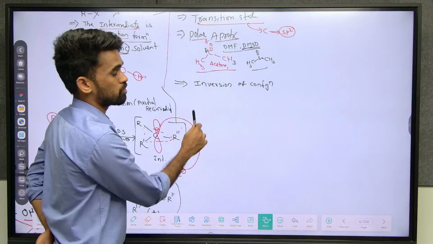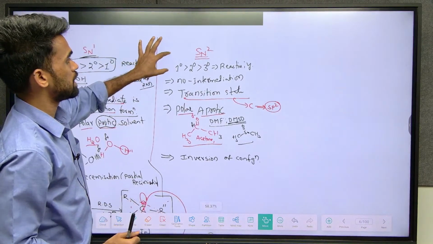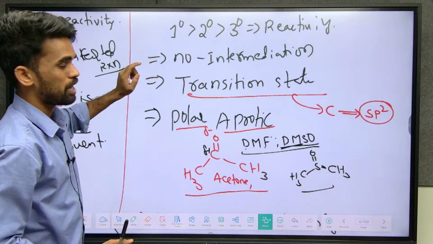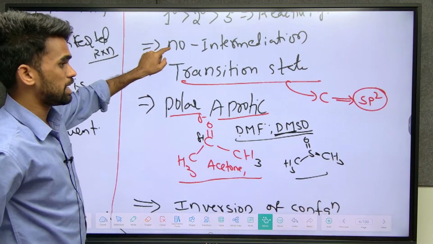Together we will study some comparisons later. Okay. Now once again tell me, what is this reactivity order? Primary, secondary, tertiary. Next one, is there any intermediate?